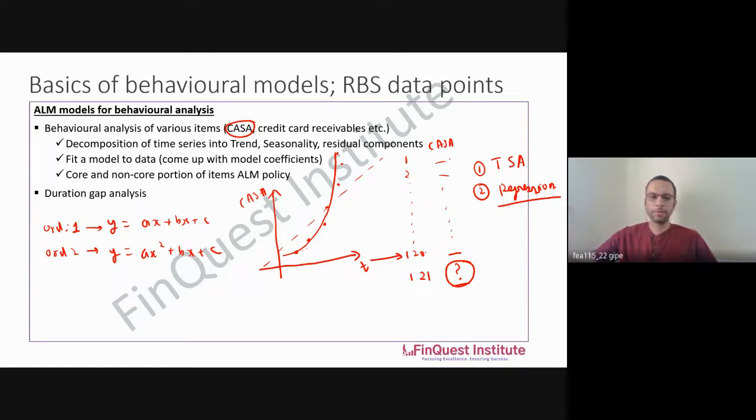But if you have multiple quantities, let's say you have CASA, maybe credit card receivables, and you're trying to build some complex model whereby you have multiple inputs, then maybe a multivariate thing would be required. So you'd have maybe ax square, ay square, or maybe by square and something like that. So let's not worry about that for now. But this is the idea of a higher order regression.